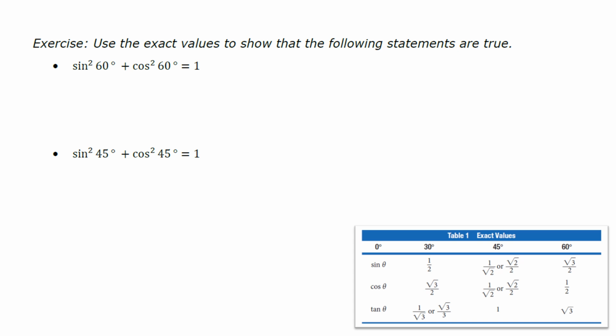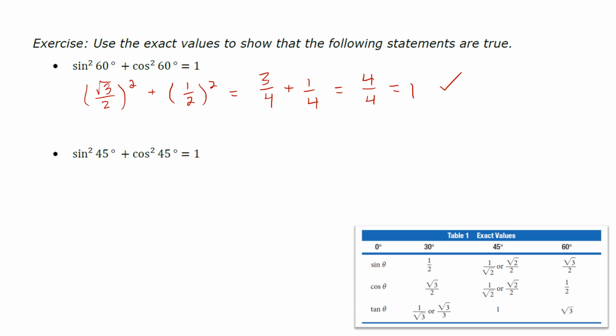Well, sine of 60 degrees is the square root of 3 over 2, and the cosine of 60 degrees is 1/2. If we simplify this, we get 3 over 4 plus 1 over 4, which equals 4 over 4, which equals 1. And that's true.